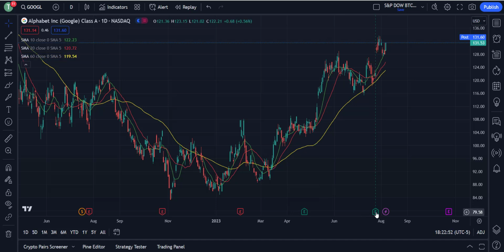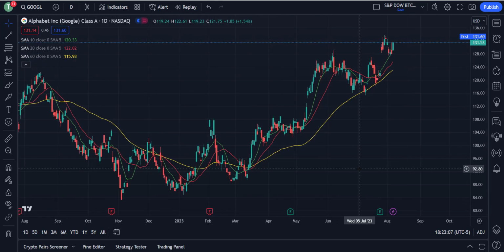You can see Google had earnings back here a couple weeks ago, July 25th, and it just popped higher, right? And so on the daily chart, tighten it up a little bit. You can see that the green line, the 10-day, is above the 20, which is above the 60.